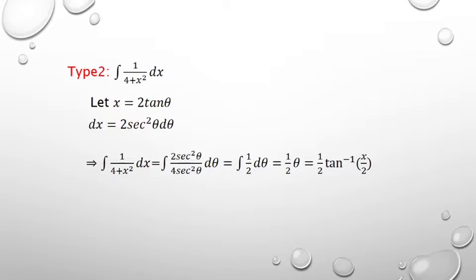Therefore, integral of 1 over 4 plus x squared becomes integral of 2 secant squared theta d theta over 4 secant squared theta. And this entire thing will equal integral of 1/2 d theta, and will equal 1/2 theta.